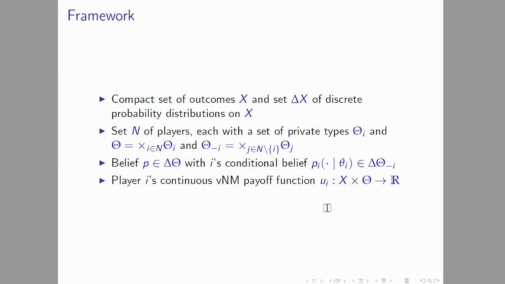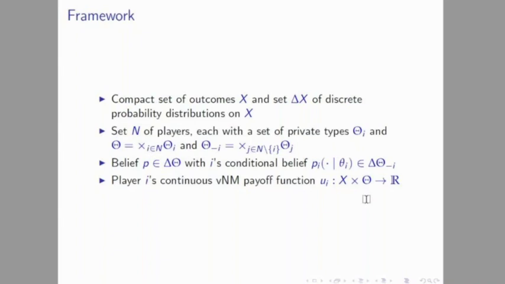Each has a private set of types, theta I, and then there is a prior belief over the types of the agents. Beliefs are updated using Bayes' rule. And then finally, each agent has a continuous payoff function over the set of physical outcomes, which is conditioned on the types of all the agents.